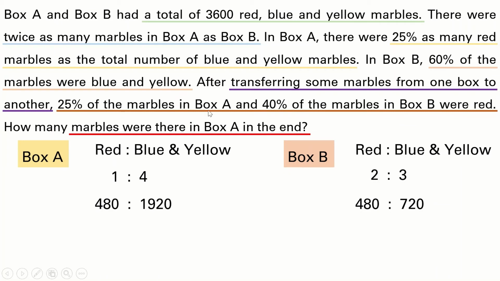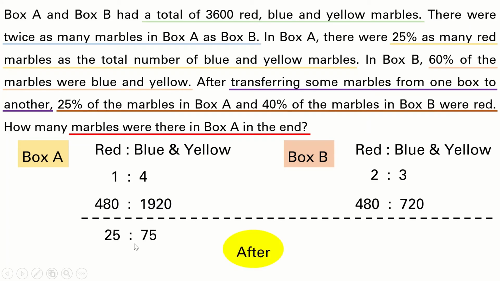Next, we have after transferring some marbles from one box to another, it means that the total in Box A and Box B will be the same as the total before the transfer. So after the transfer, 25% of the marbles in Box A and 40% of the marbles in Box B were red.